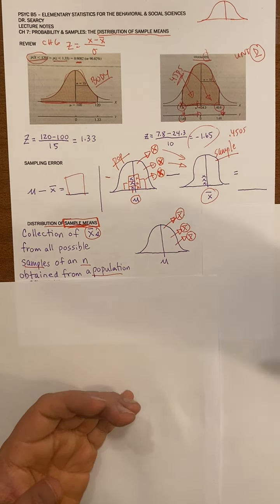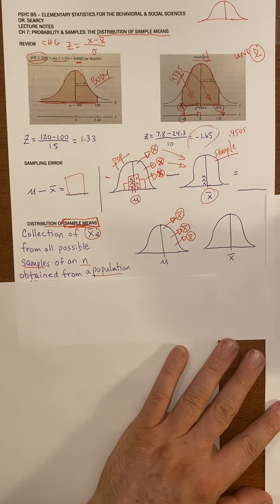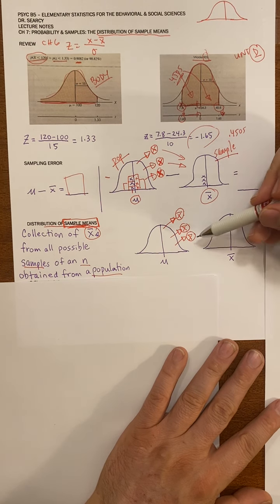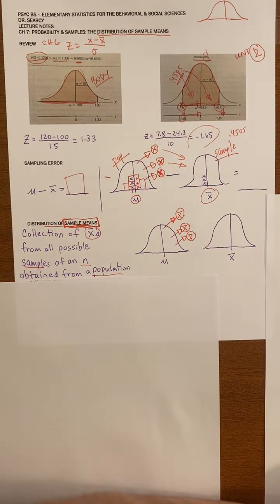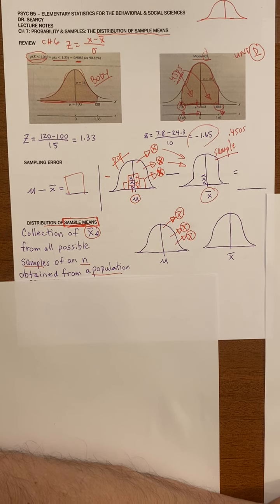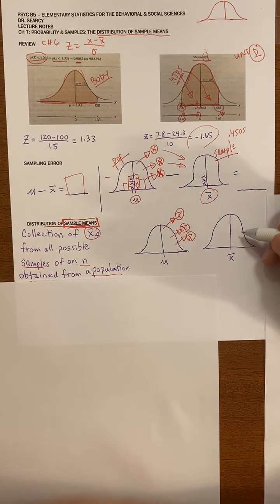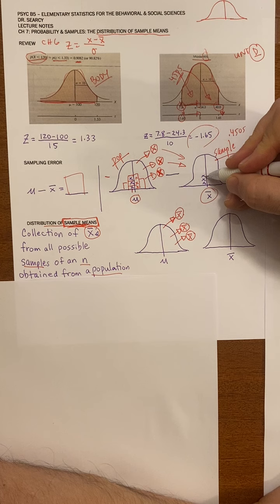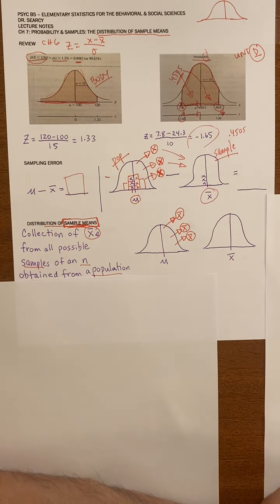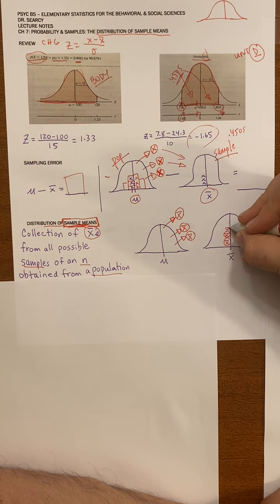But now what I'm going to do with these groups of participants is create a distribution of those samples that I've just pulled out. Maybe a way that you can see it here is, in this distribution, my distribution of sample means, I don't just have x values stacked on top of each other. Instead, what I'm going to have is sample means stacked on top of each other, right?